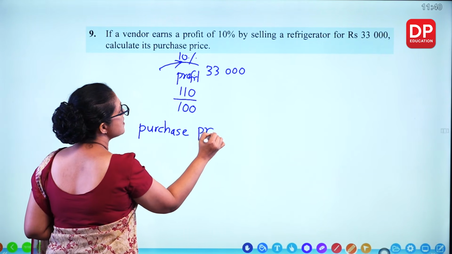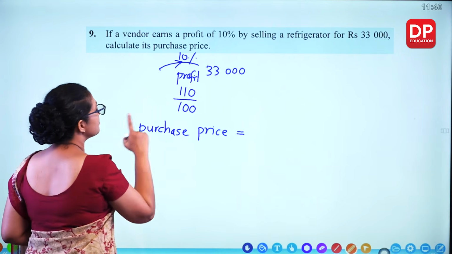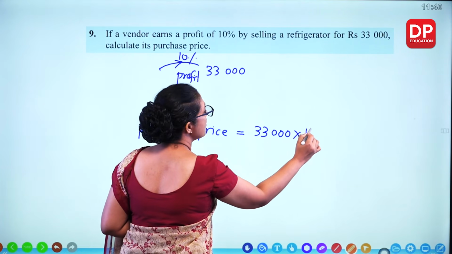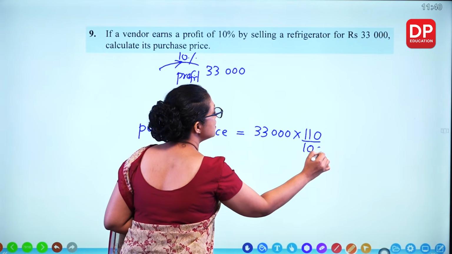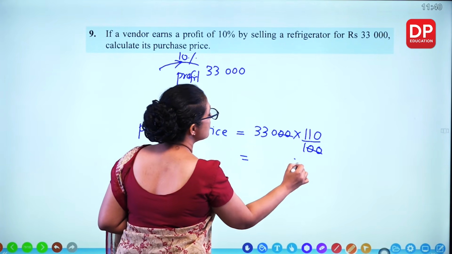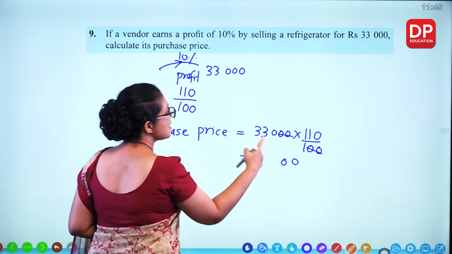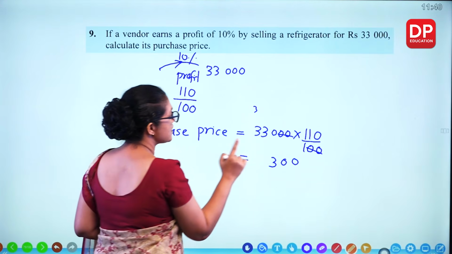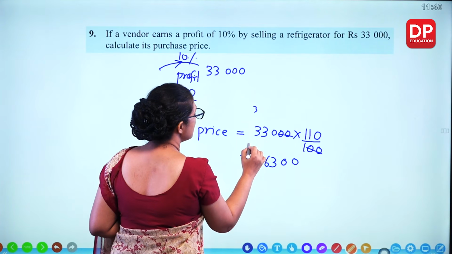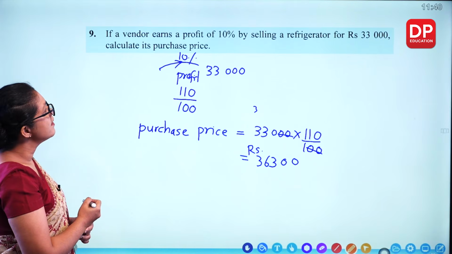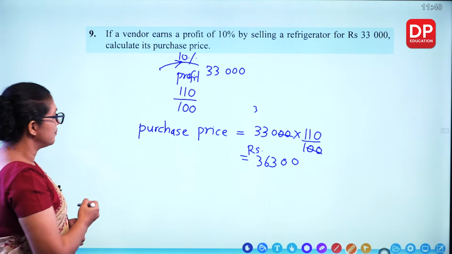Purchase price is 33,000 into 110 over 100. So 2 zeros, you get 2 zeros. 11 times 333. 11 times 333 plus 3, 36. So 36,300 rupees.